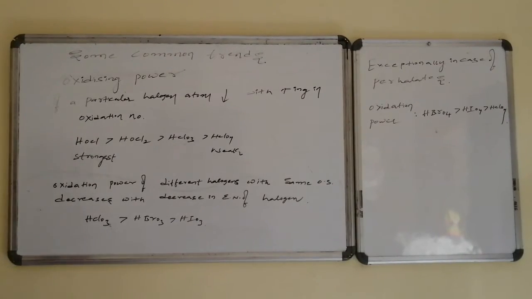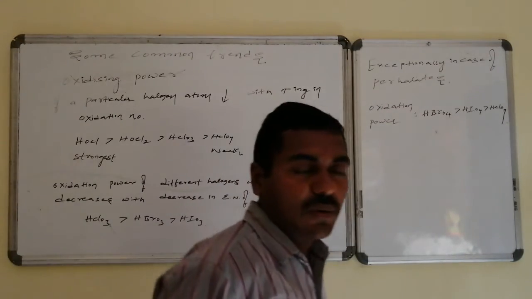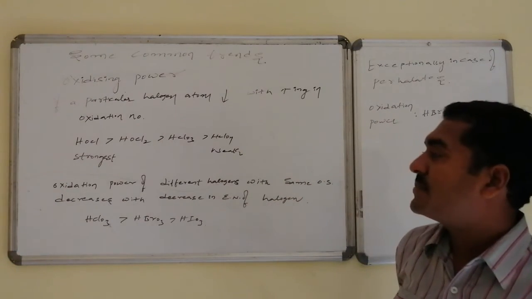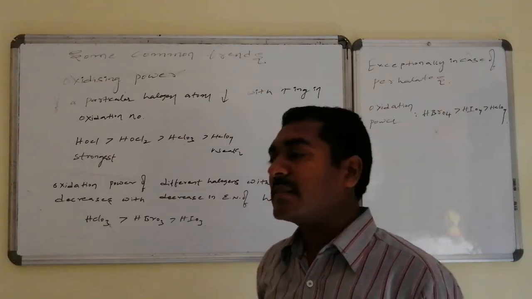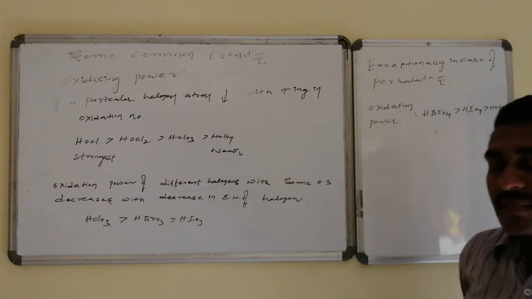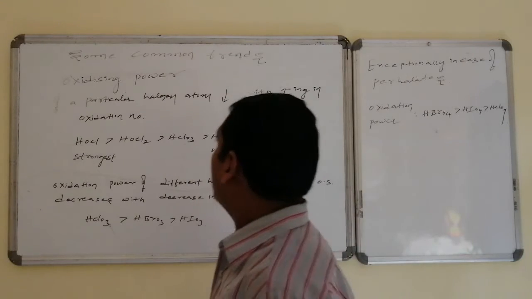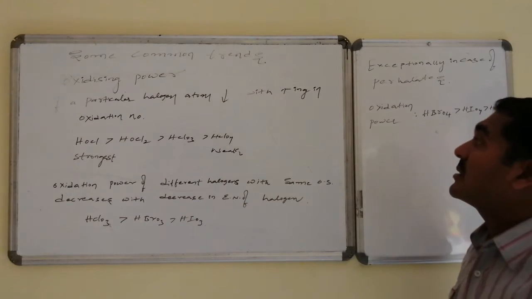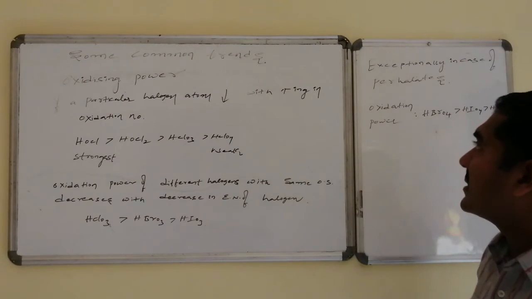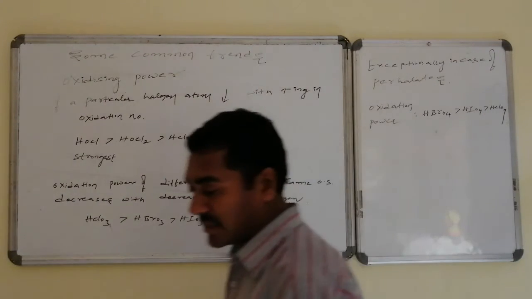That is oxidizing power, the ability to give out oxygen from the species, that is acting as an oxidizing agent. Whereas for a particular halogen atom with different oxidation states, the oxidation power of the halogen atom decreases with increasing of its oxidation number.